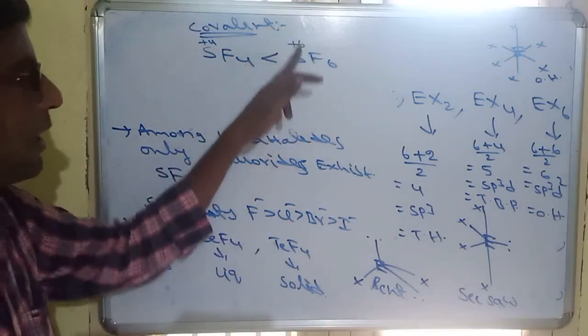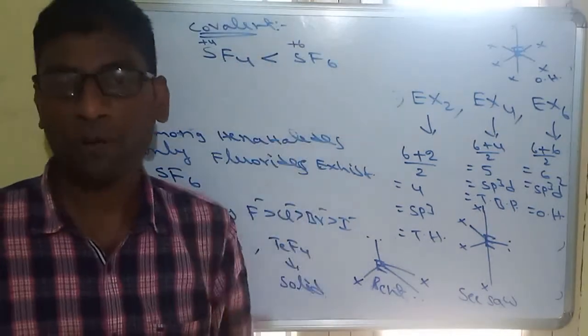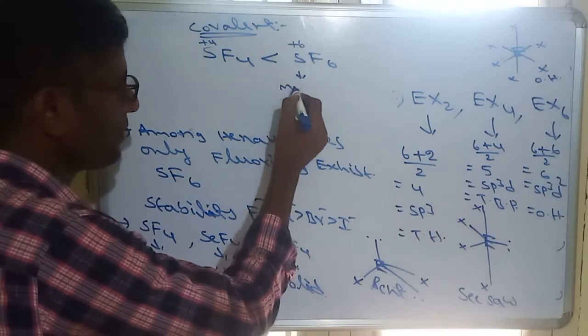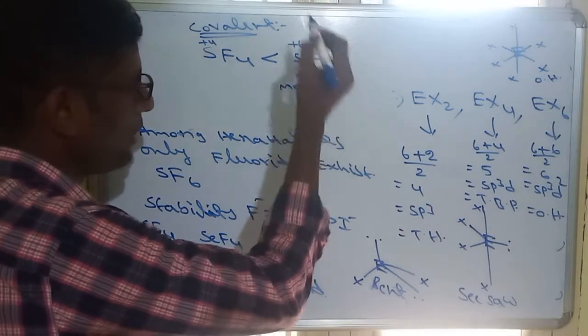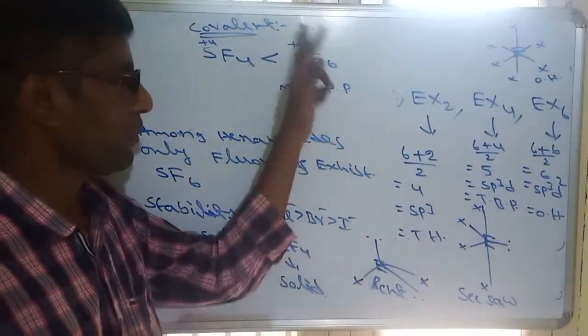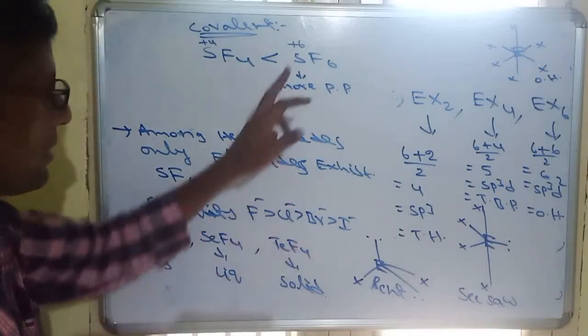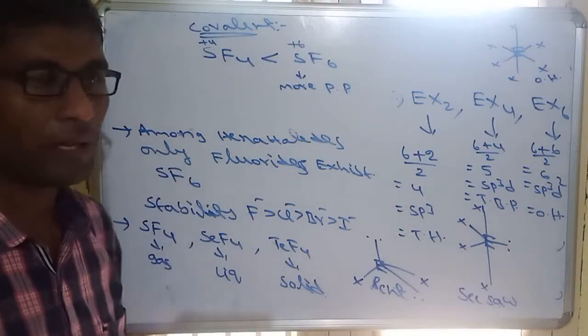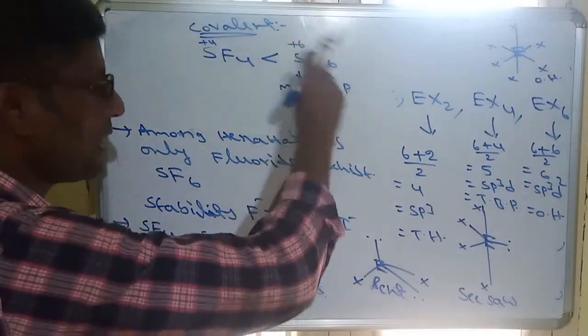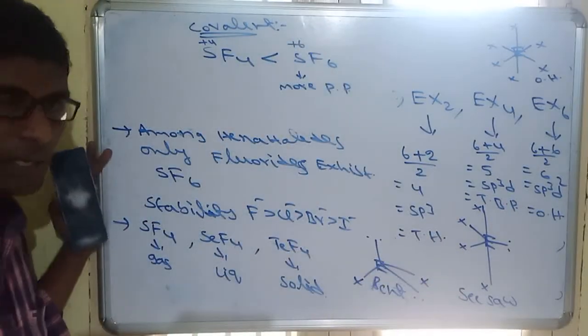When charge is high, polarizing power will be high, so covalent character will be high. So hexahalides are more covalent than the tetrahalides. Nearly both are covalent, but hexahalides are more covalent, tetrahalides are less covalent.